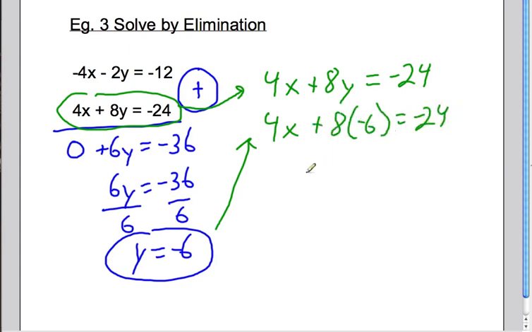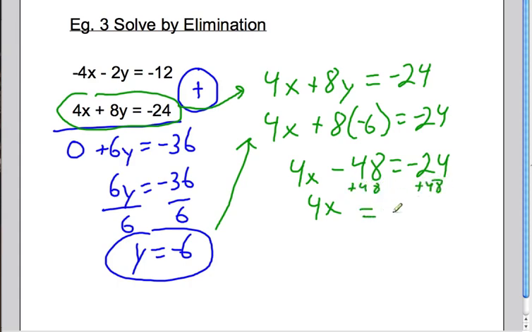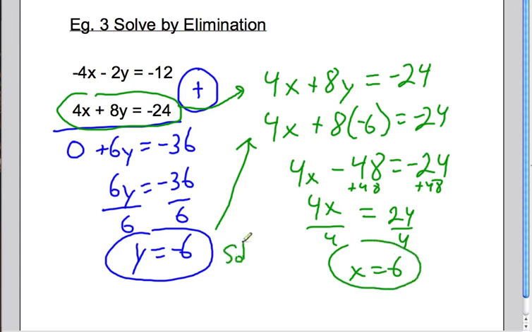And then we're going to work this out and solve it. 4x minus 48 equals negative 24. I'm going to add 48 to both sides. So 4x equals 24. Divide by 4, I get x equals 6. So our solution is 6, negative 6.